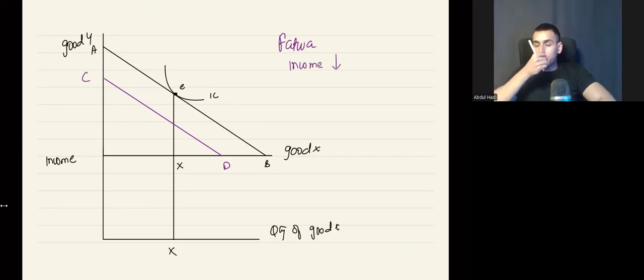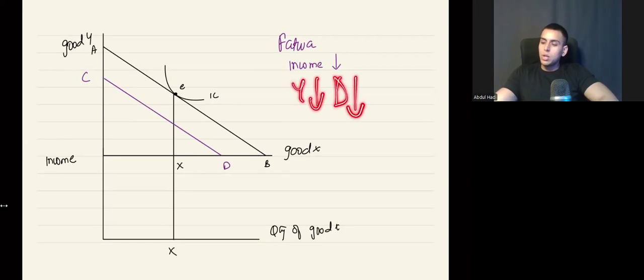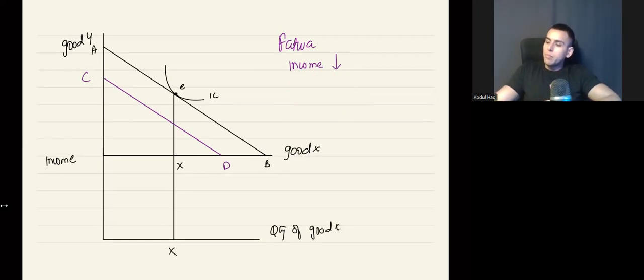Now if we're talking about normal good, it says that if your income level is falling, your demand should fall as well. So my new equilibrium should be somewhere here, because it will decrease my quantity consumption. Inferior good says that if my income level is falling, my demand should rise, so it should be away from this X point, and the inferior good equilibrium will be somewhere here.